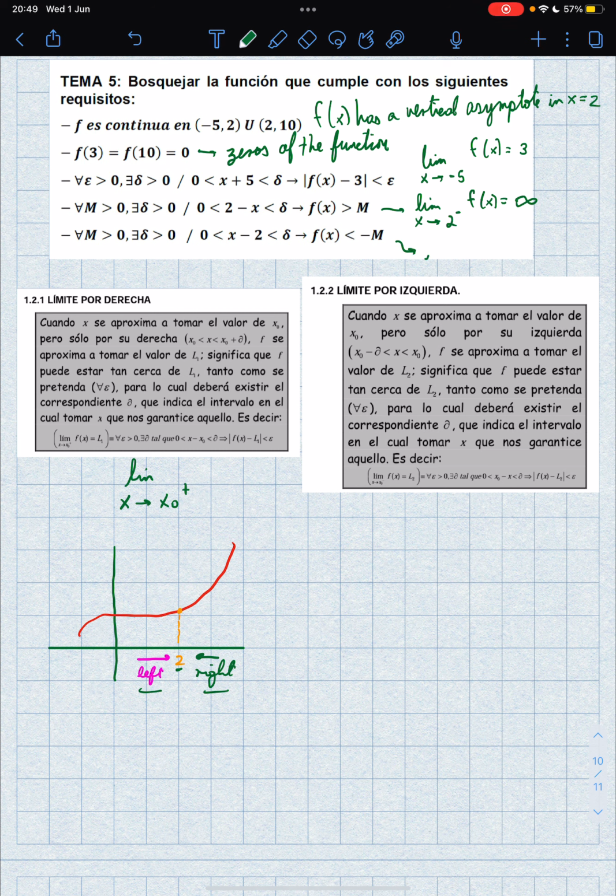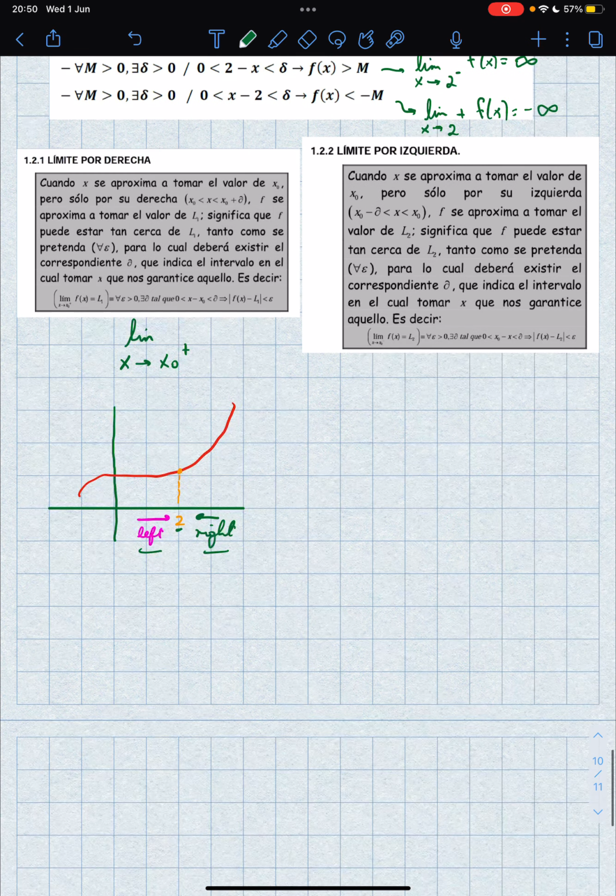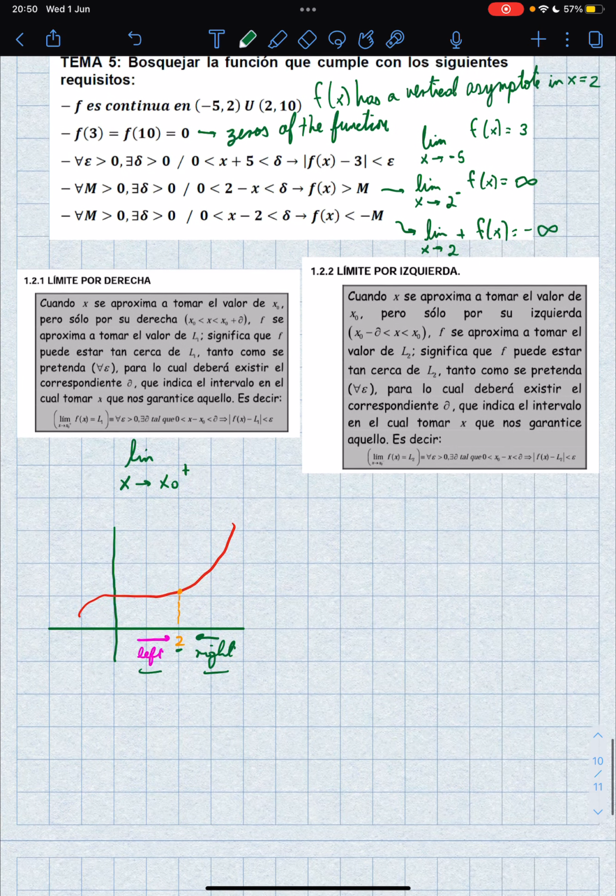This one is the limit when x goes to 2 from the right, so it's a plus, of f of x is minus infinite.